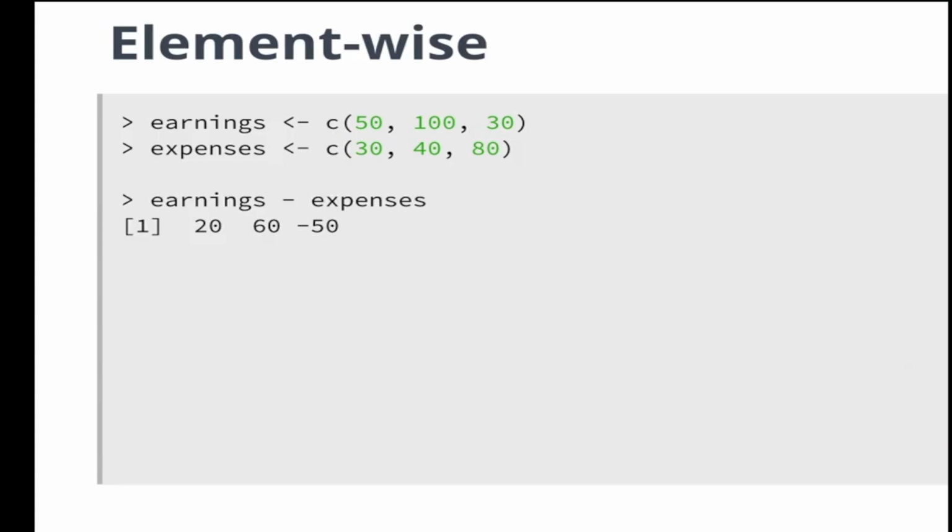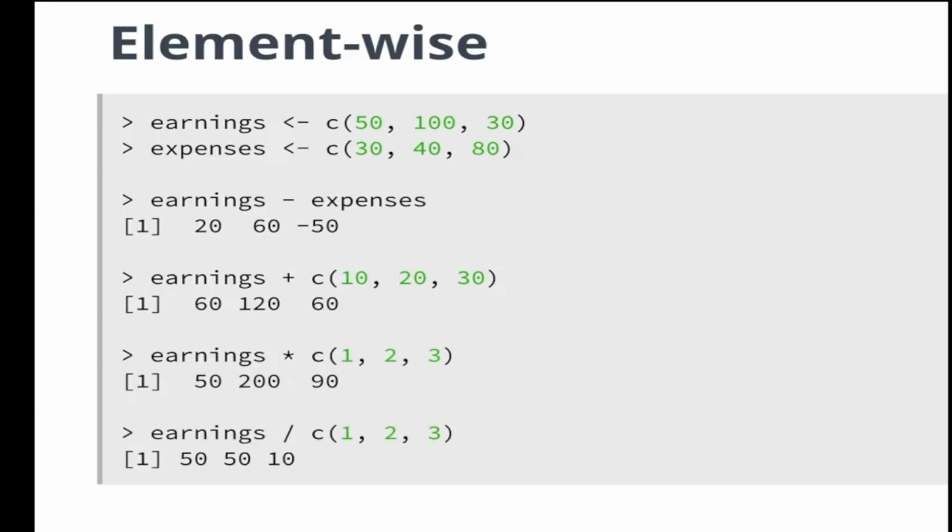It seems that for days 1 and 2 you're on the positive side, while on day 3 you spent more than you earned. Also here, the operations between two vectors that contain more than one element each naturally extend in an element-wise fashion. Have a look at these 3 examples. Pay attention here. Multiplication and division in R are different from the traditional matrix and vector operations, where the multiplication of two vectors can result in a single scalar or a matrix.